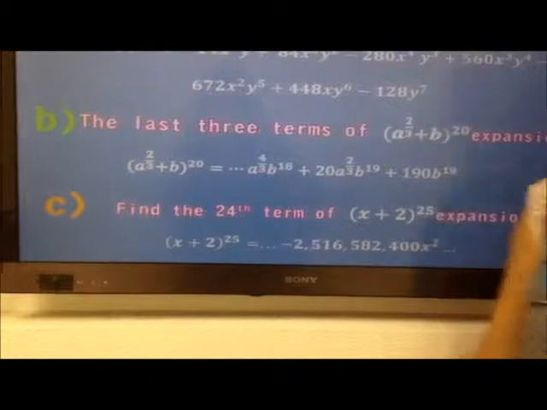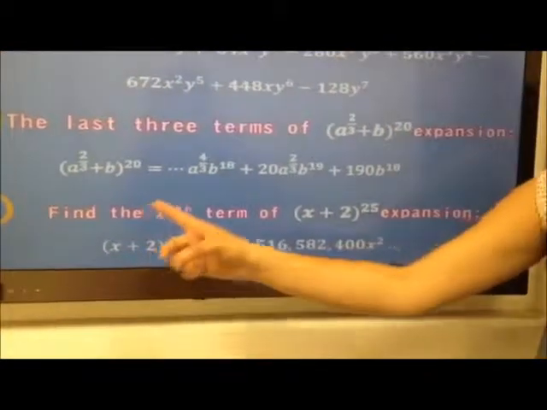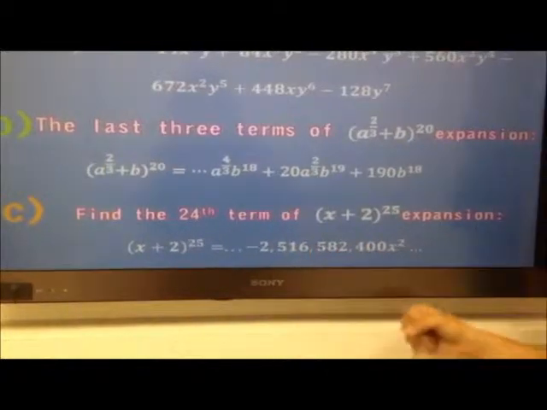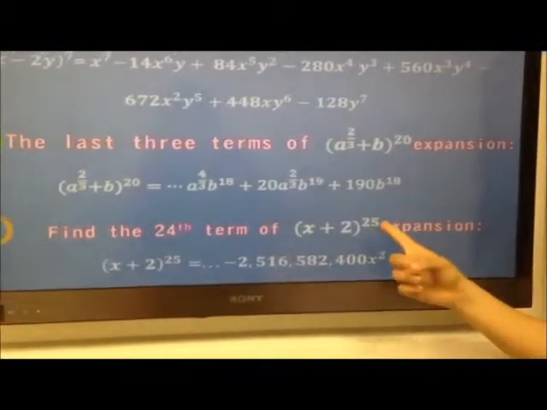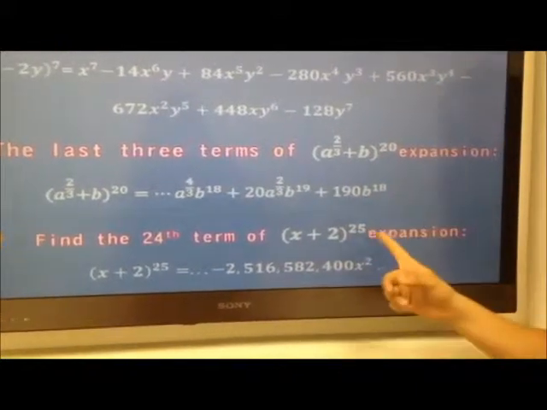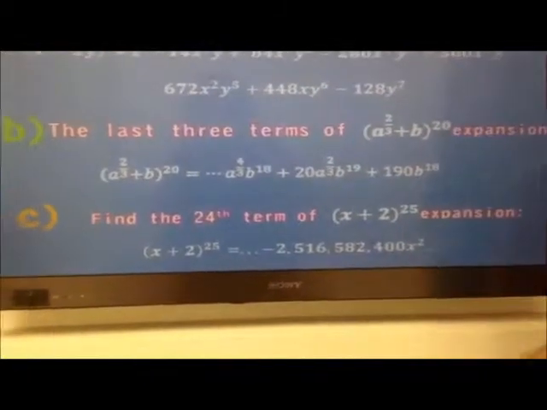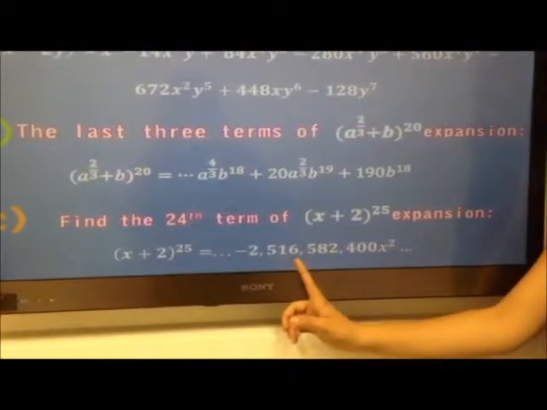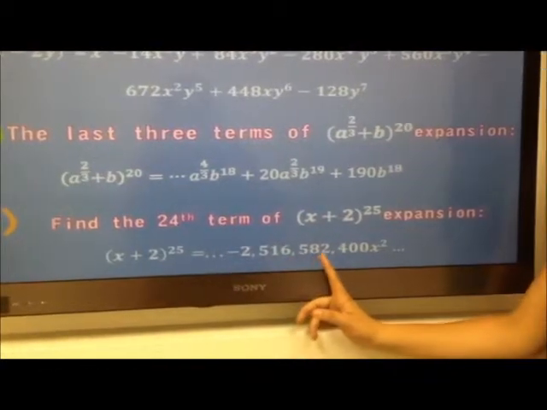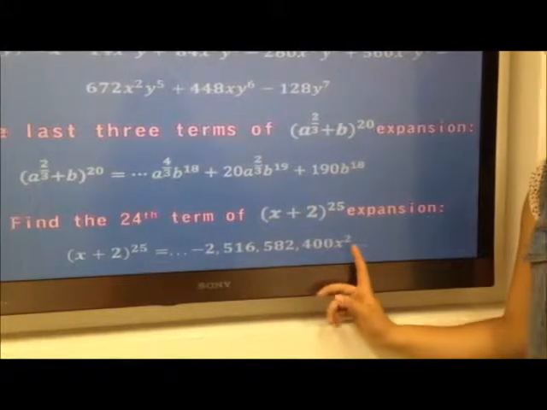Finally, our last exercise, we are going to find out that the 24th term of x plus 2, all of these to the 25th degree, the 24th term of this expansion is going to be minus 2,560,582,400 times x squared.